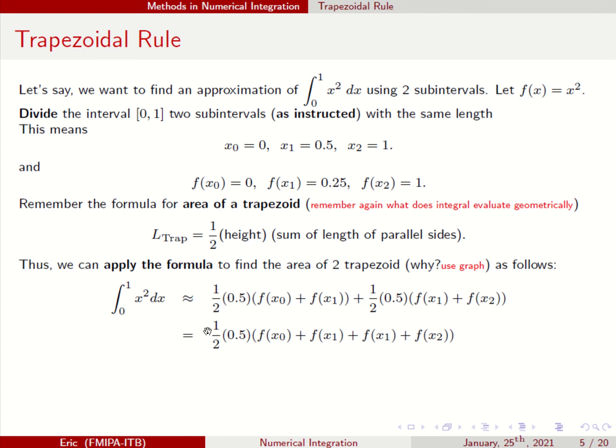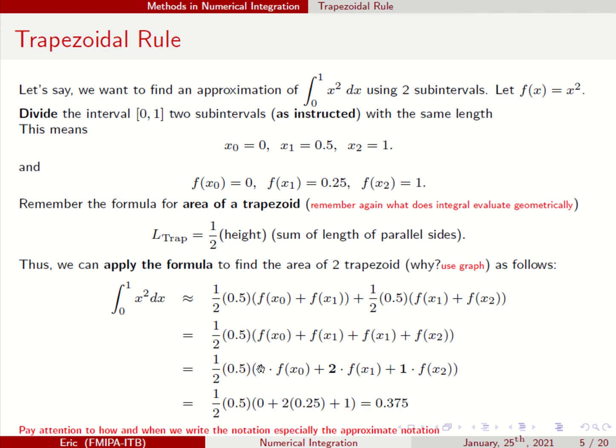I can factor it out using the distributive property, so we have f(x0) plus 2 f(x1) plus f(x2). Remember the pattern: 1, 2, 1, for f(x0), f(x1), f(x2). A half times this, and I can get the approximation.